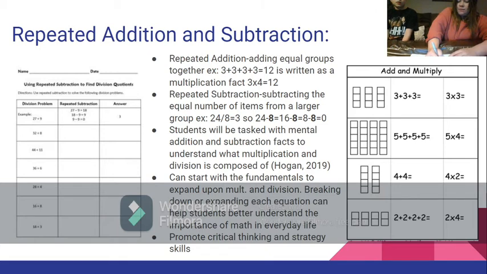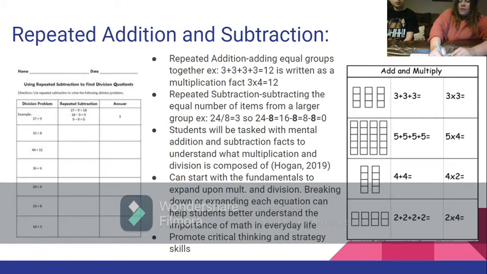Plus 3 is 9, plus 3 is 12. This can be written as a multiplication fact of 3 times 4 equals 12. Repeated subtraction is subtracting the equal number of items from a larger group.